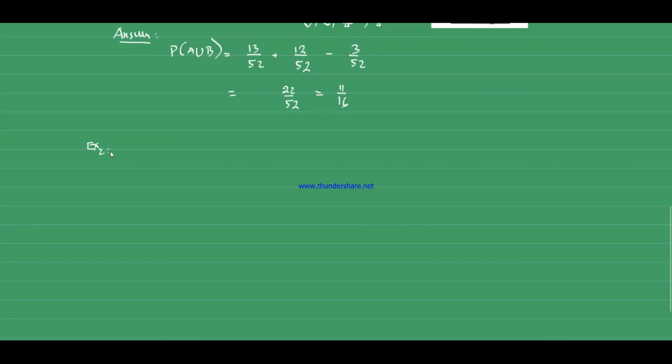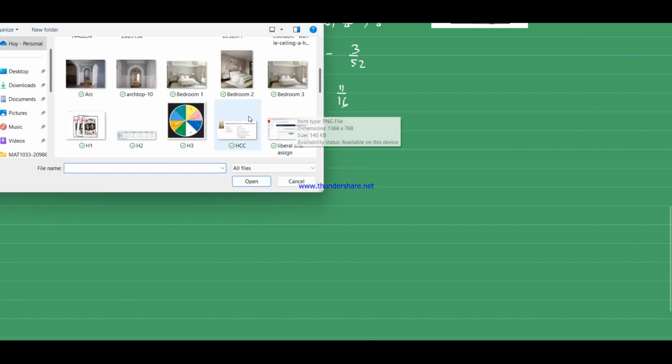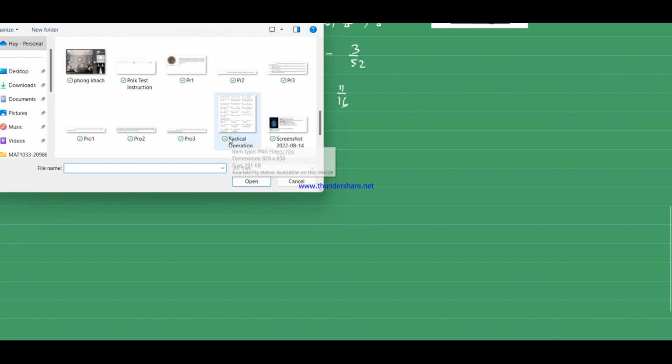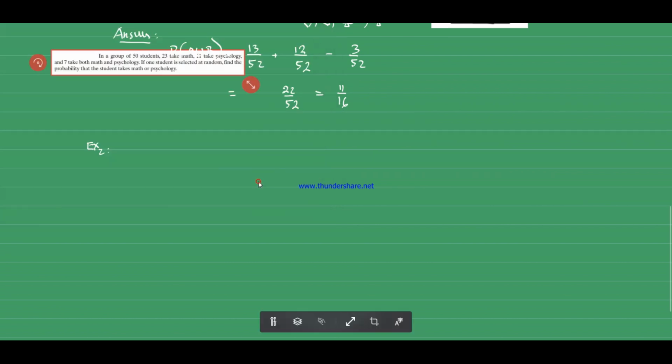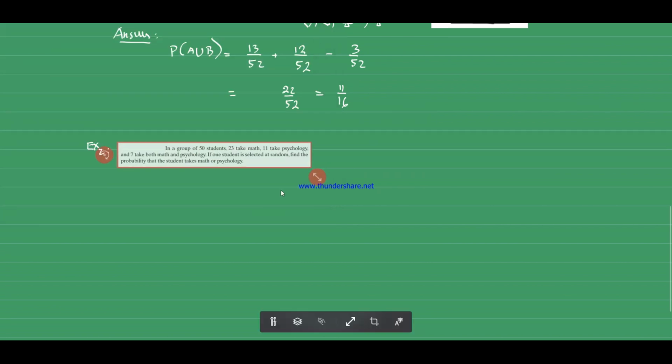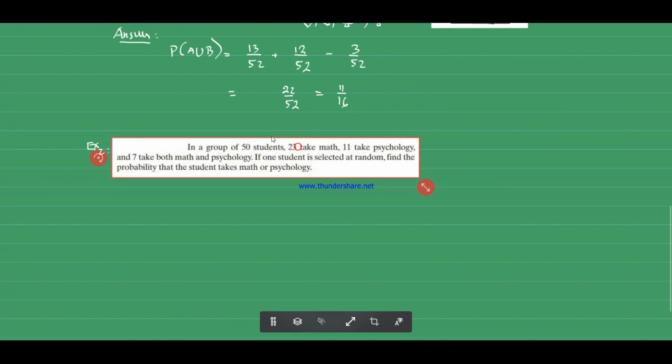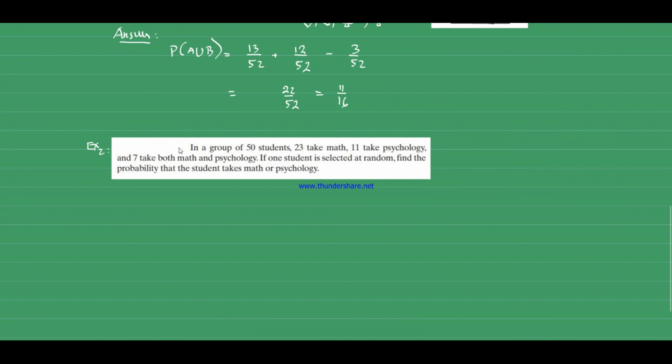Now how about this one? Example number 2. What if I have this? Okay, how about this one right here? Let's say this is inclusive or not.